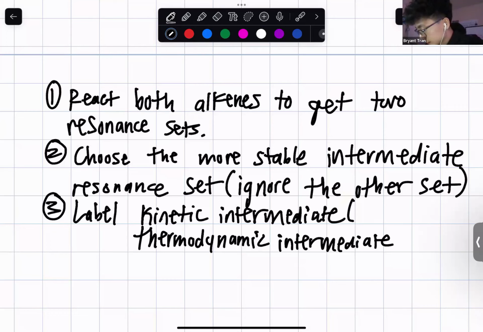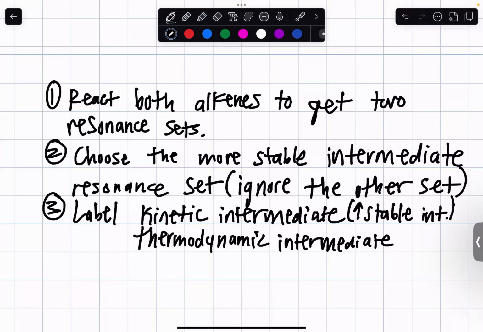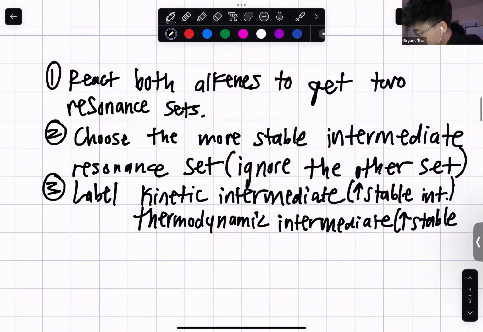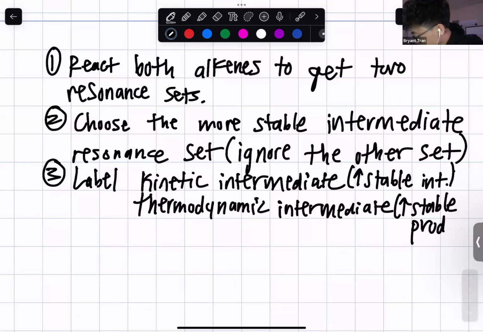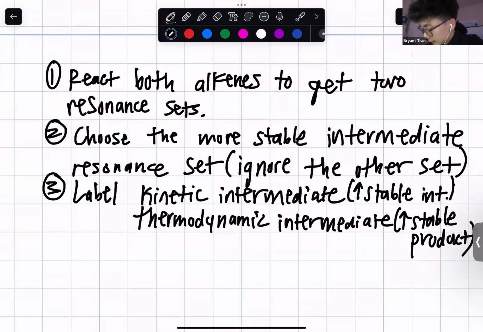The kinetic intermediate is the more stable intermediate, like a carbocation or radical, and the thermodynamic intermediate is the more stable product, like the alkene.